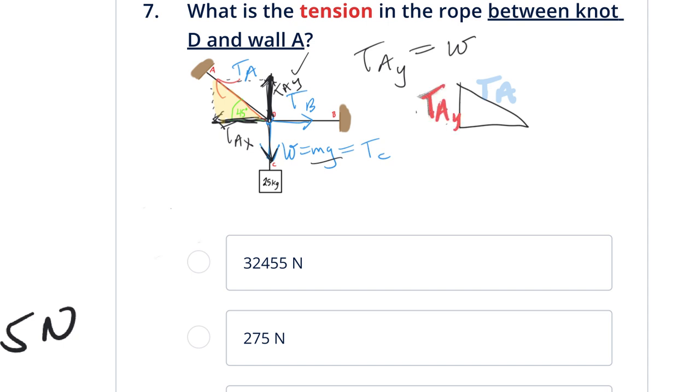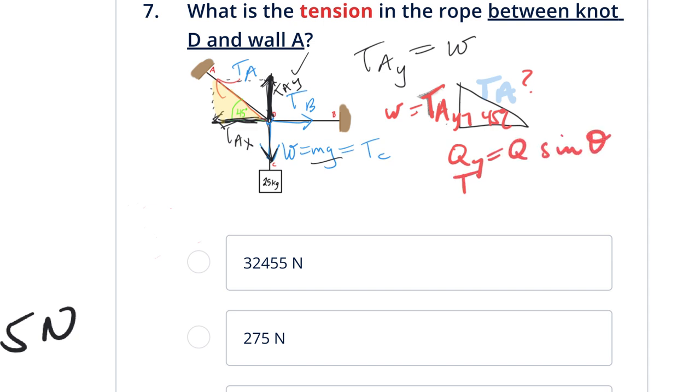So we've got TAY equaling the weight, and this 45 angle. I'm looking for what TA is, so use trig. I would use Qy equals Q times sine of theta.